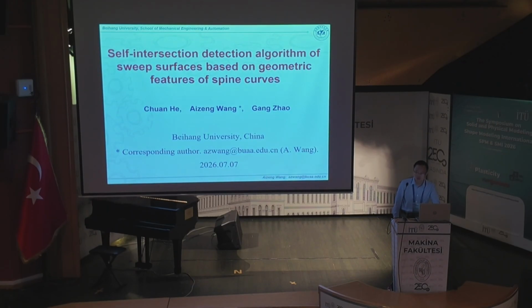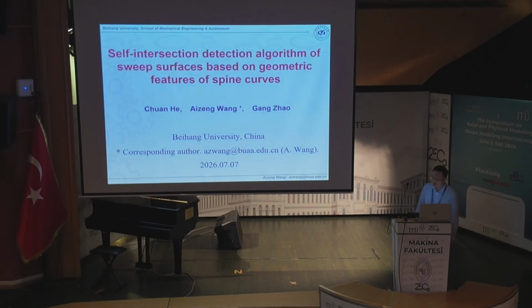Due to this issue, we present an approach for detecting self-intersections in parametric sweep surfaces generated by a planar profile along a planar spine.